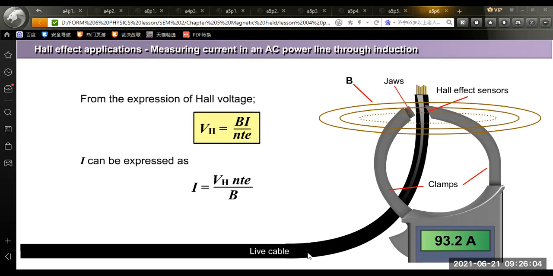This uses the concept of the Hall voltage, VH equal to BI over nte, so I equals VH nte over B. Okay, so everything we just need to measure is the B, the device measures the B, then by using the calculation it shows us the current flow in the cable.